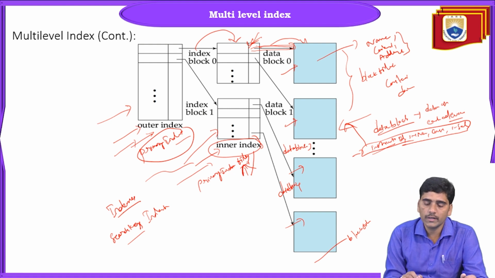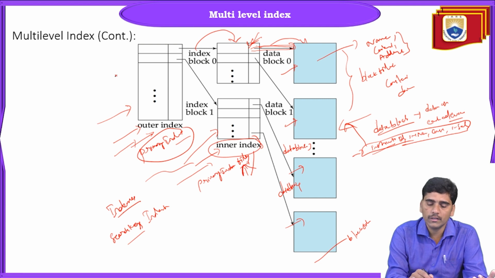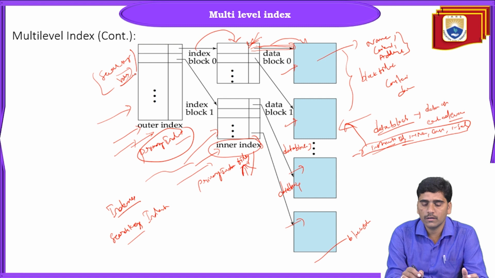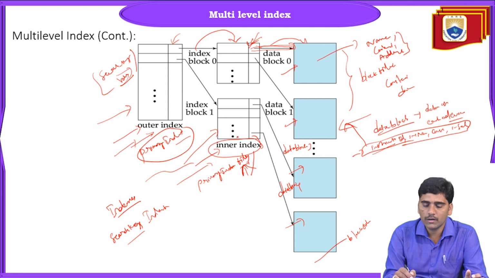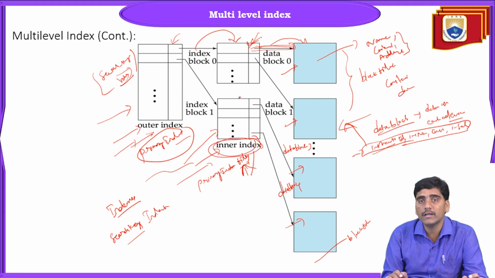In the outer index, what are we maintaining? We are maintaining search key values, which are nothing but index values. You can take the outer index as holding the primary indexes, and the inner index maintains the primary index files.